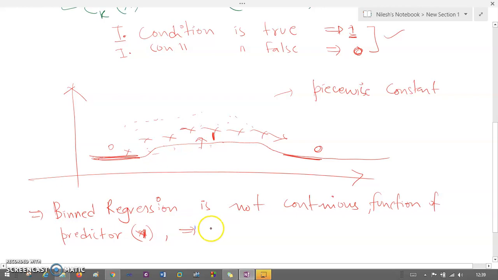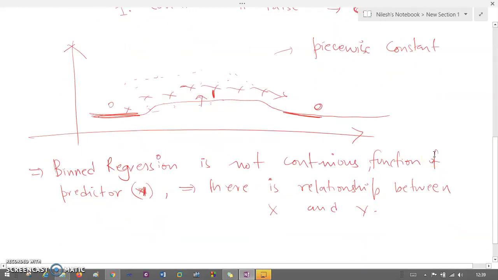So that means there is no relationship between your input and your output. So this is what I conclude from this. Okay, there is no relationship between your input and output. So that's why this is a topic that you can use, however with certain limitations. So this is also a problem inside this concept.